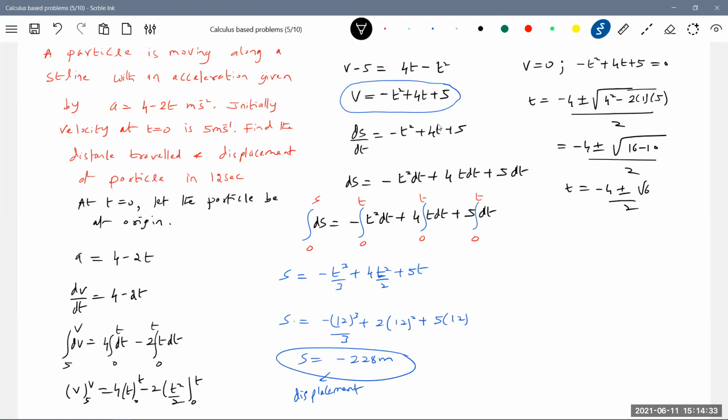Okay, I think I forgot. So 16, this 4ac, minus 1. I think 20 will come, plus 20, 36. So this will become 6.